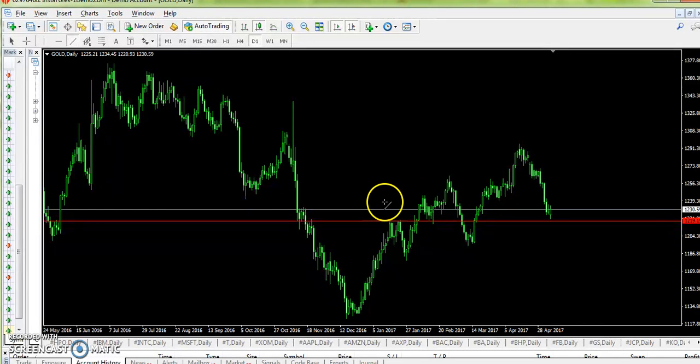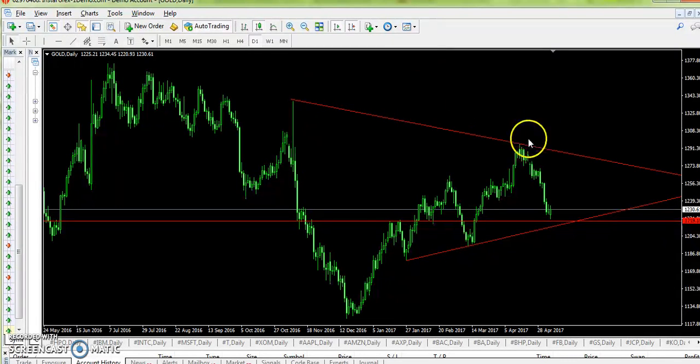Where am I going to enter? For this I need to draw a trend line which connects the previous swing lows. This is the previous swing low, this was also a previous swing low, and this was the major previous swing high, as this was the swing high as well.